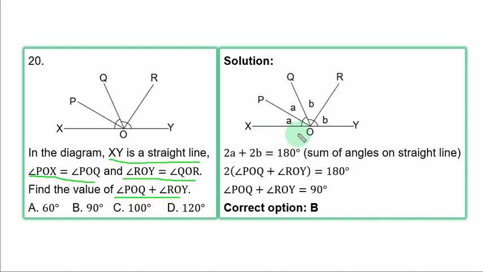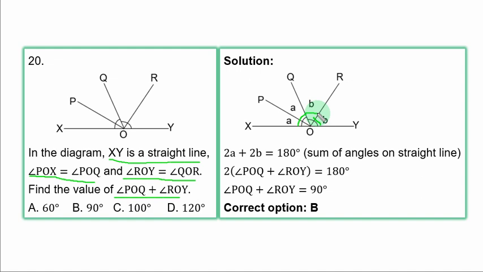From the problem, POS, this angle, is equal to POQ, this angle. Hence, use the same letter A. They are equal. Then ROY, this angle, is equal to QOR, this angle. We use letter B to represent them.